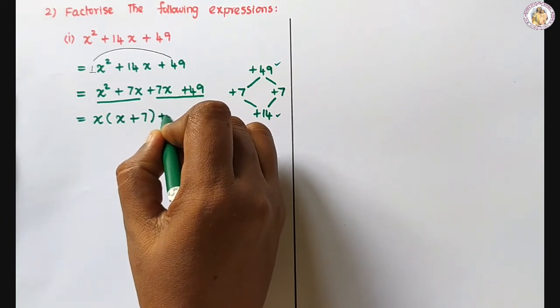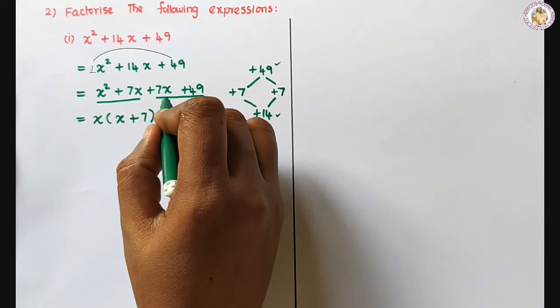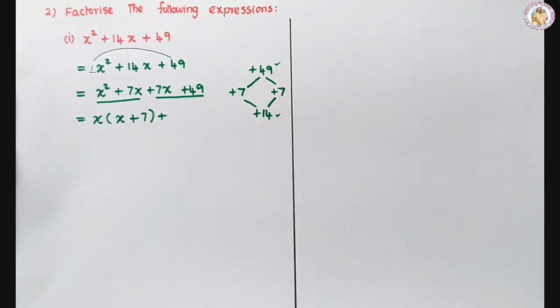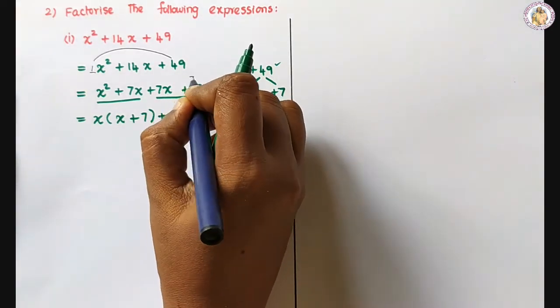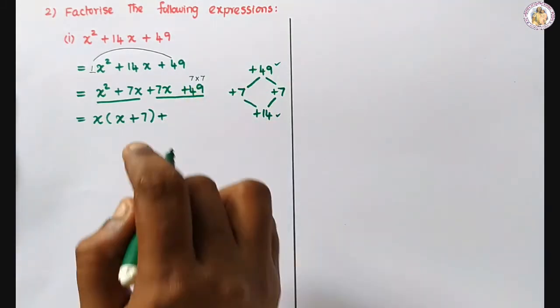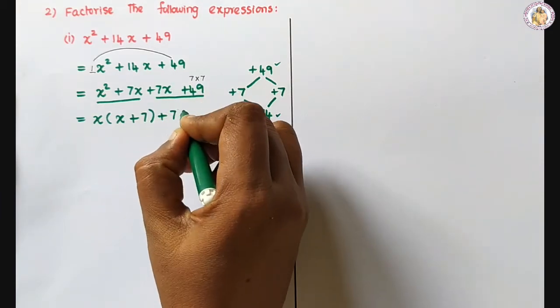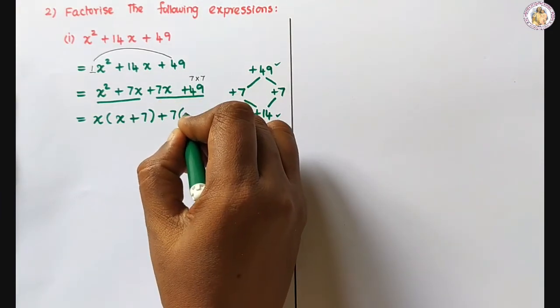And then see the second two terms. Here 49 is split as 7 into 7. Now in both the terms 7 is common. So take out 7. What is the remaining here?